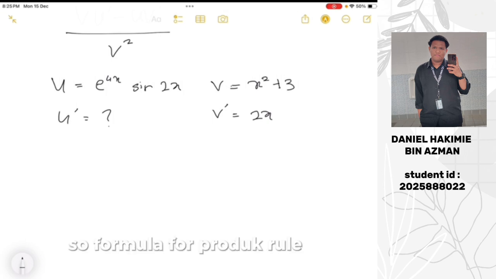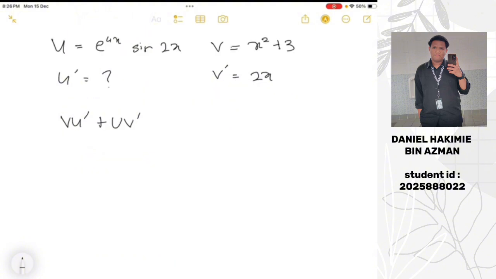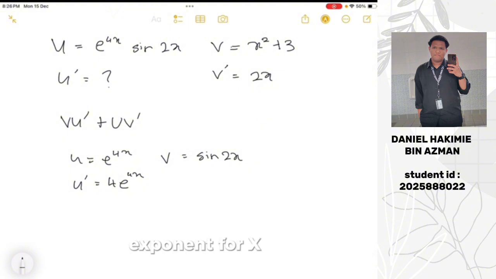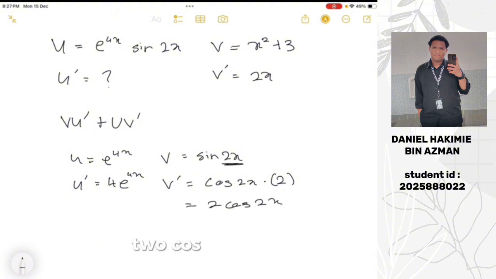The formula for the product rule is v u' plus u v'. Here u is e^(4x) and v is sin 2x. u' is 4e^(4x) and v' is cos 2x multiplied by 2. Why do we multiply by 2? Because when we differentiate 2x we get 2, so we get 2 cos 2x.